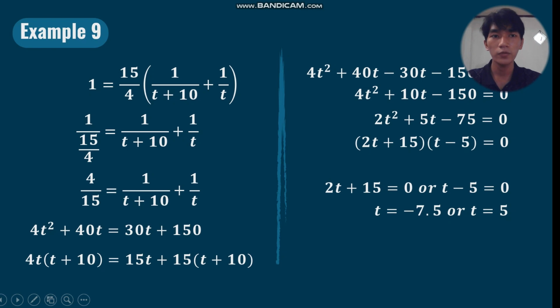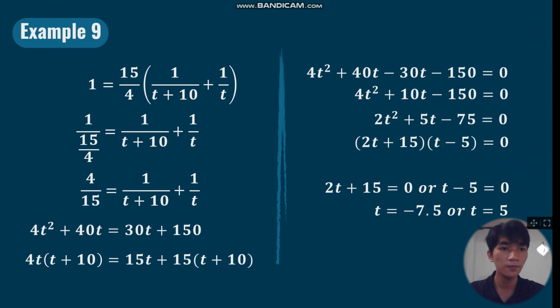Then we move everything to one side, and we have 4t squared plus 40t minus 30t minus 150 equals 0. So 4t squared plus 10t minus 150 equals 0, and 2t squared plus 5t minus 75 equals 0.